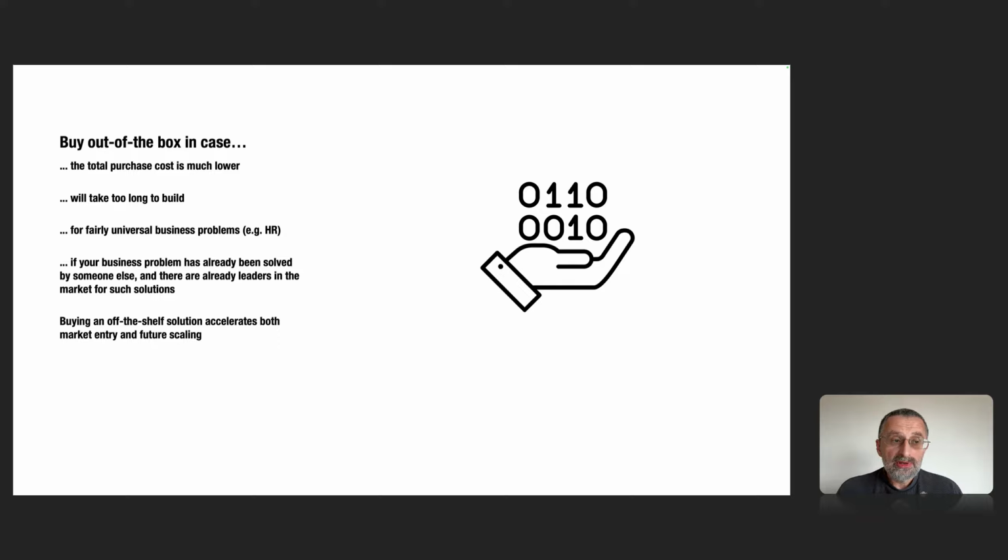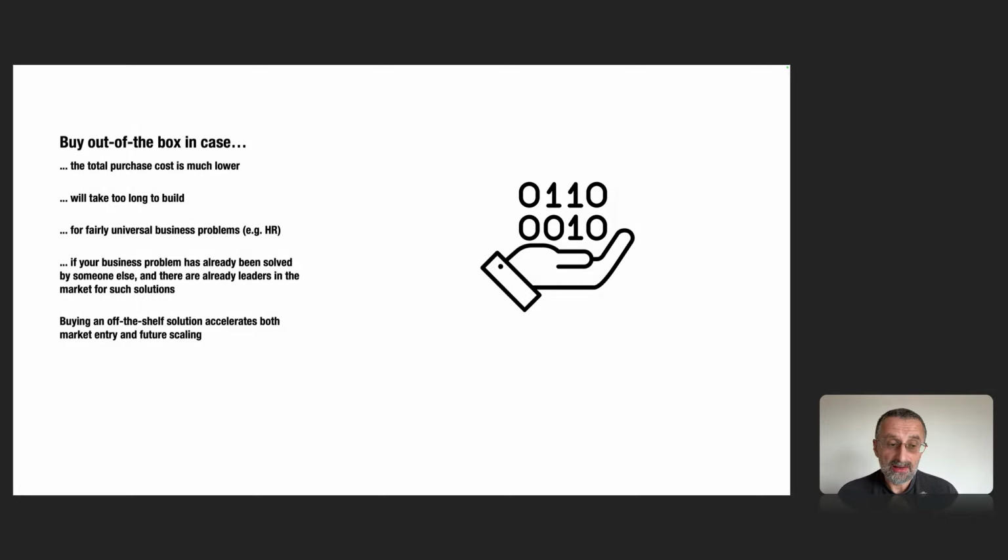Buy an out-of-the-box solution for fairly universal business processes, for example, human resources management. There are many different areas where you are not unique. People have the same problems as you, so they solve them using IT systems. For that, you can use out-of-the-box solutions. Next, use that if your business problem has already been solved by someone else and there are already leaders in the market for such a solution.